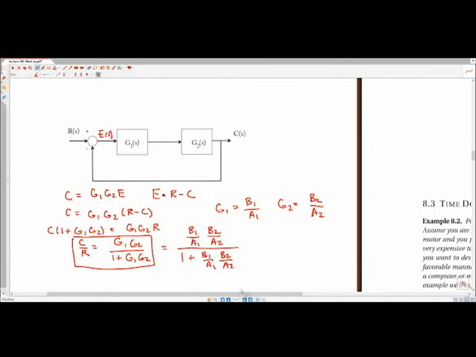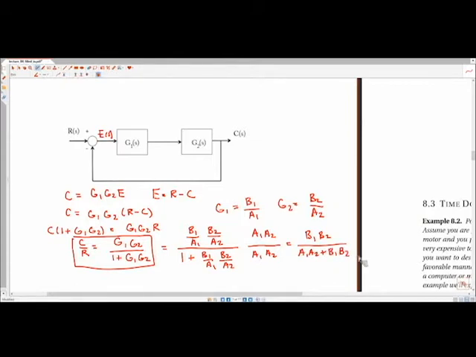Then if I want to simplify this, I can multiply top and bottom by A1, A2. And this gives me B1, B2 over A1, A2 plus B1, B2.